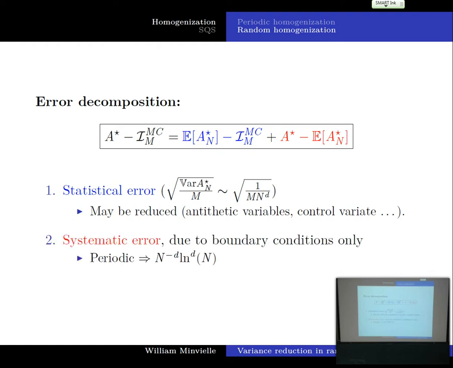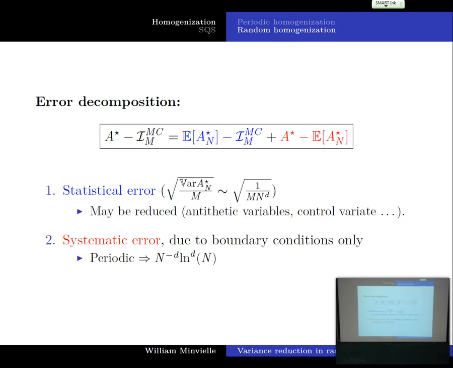On the other hand, the systematic error decreases like 1 over N to the d. So it is expected, and we can see it, that the statistical error is much larger than the systematic error. Okay? So I'm not in the situation where the supercell is so large that those two errors are very small, and I'm in a situation where the statistical error is larger.